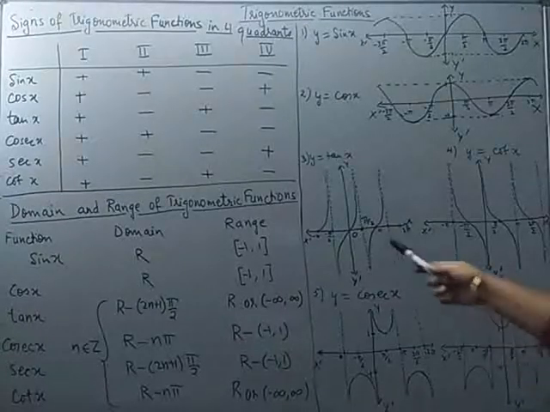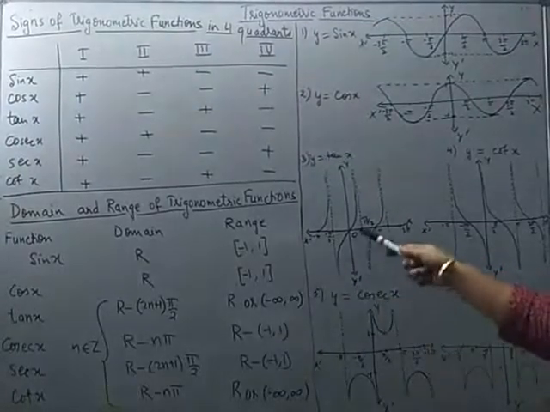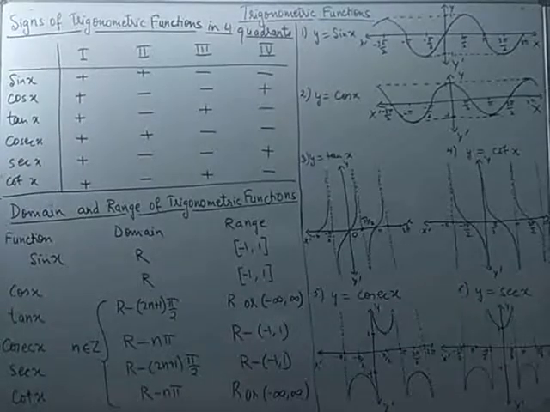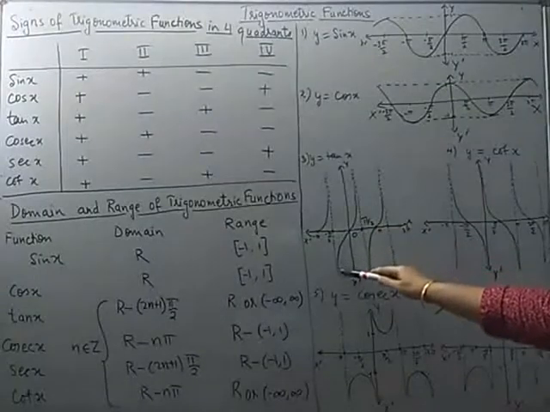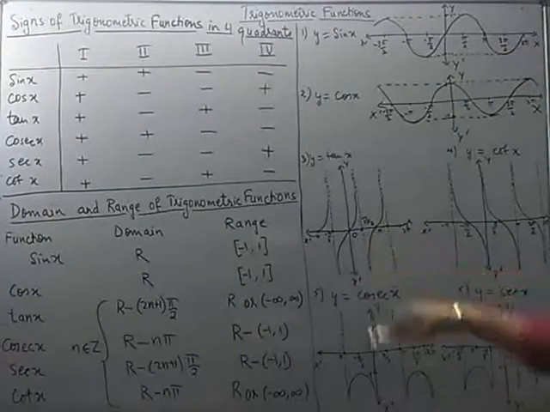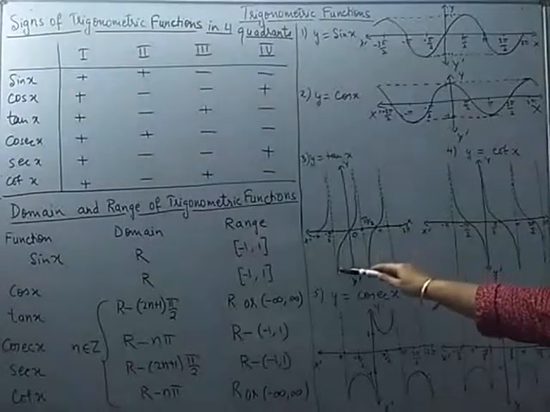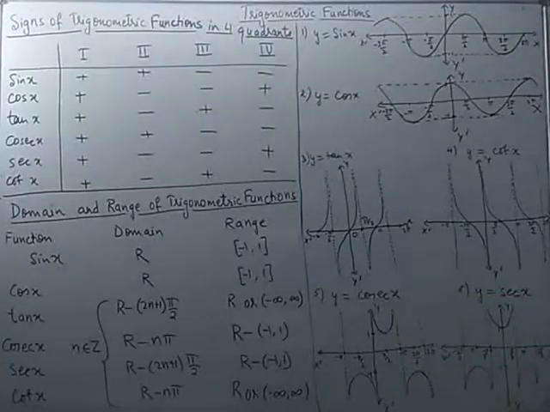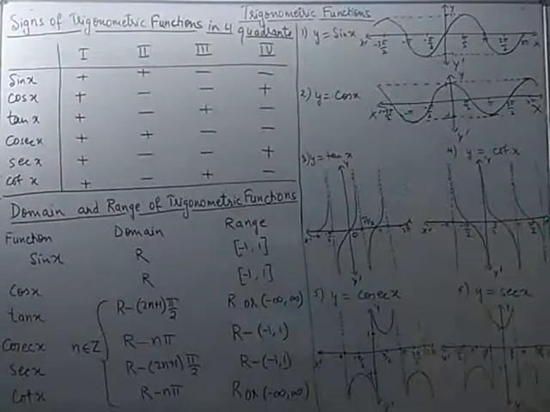So if I start assigning negative of acute angles to tan, like tan minus 30 degrees, tan minus 45 degrees, tan minus 60 degrees, you will see the curve will go down here. When x is negative, y is also becoming negative. And the more we get close to minus pi by 2, we are not able to define it. So how small will its value be and how big will its value be, we cannot make out.